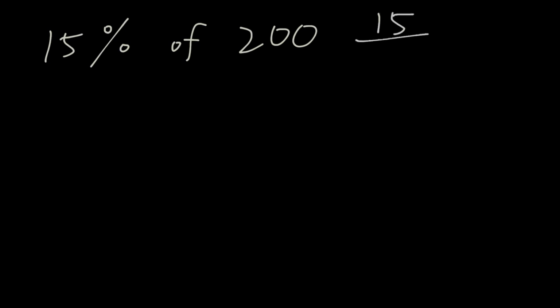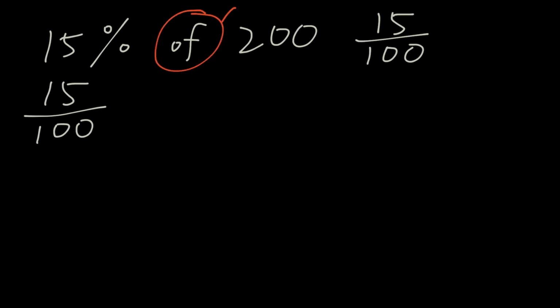What about this one? 15% of 200. 15% again is 15 over 100 because it's 15%. And so we can write the question as 15 over 100 times 200.